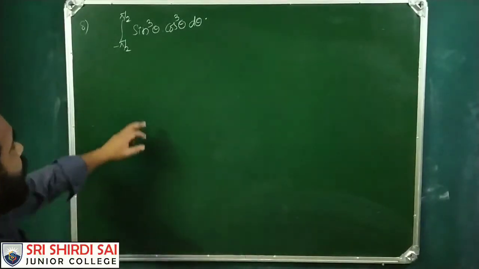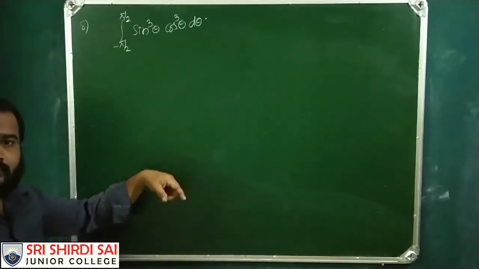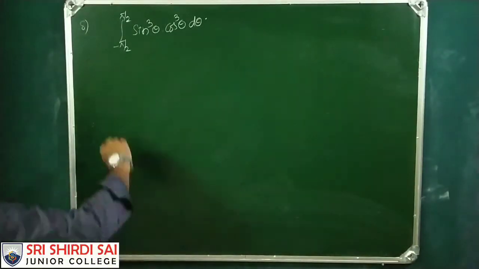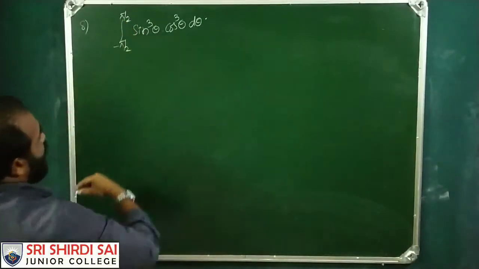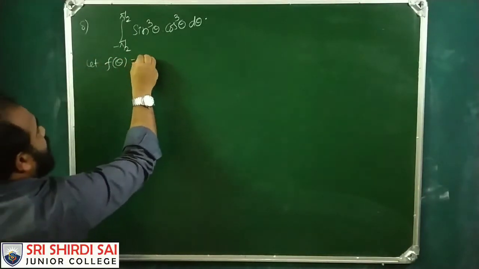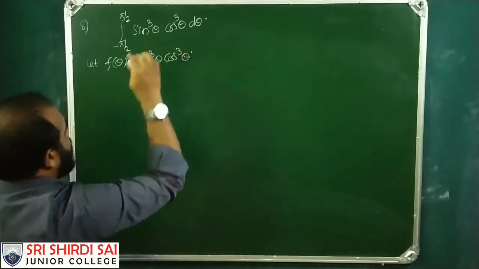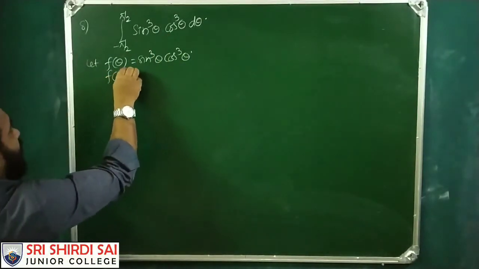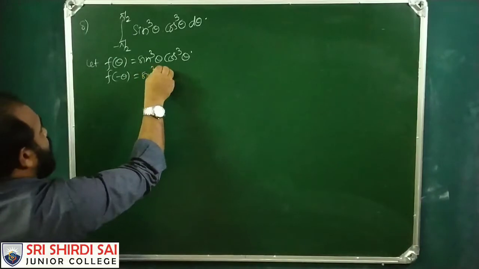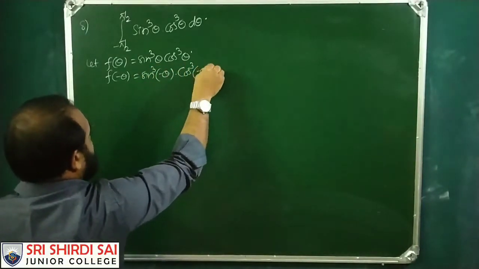So the next question is same as what we have done in the previous question. So this is not in the regular form. Let f of theta be equal to sin cube theta into cos cube theta. F of minus theta is sin cube minus theta, cos cube minus theta.